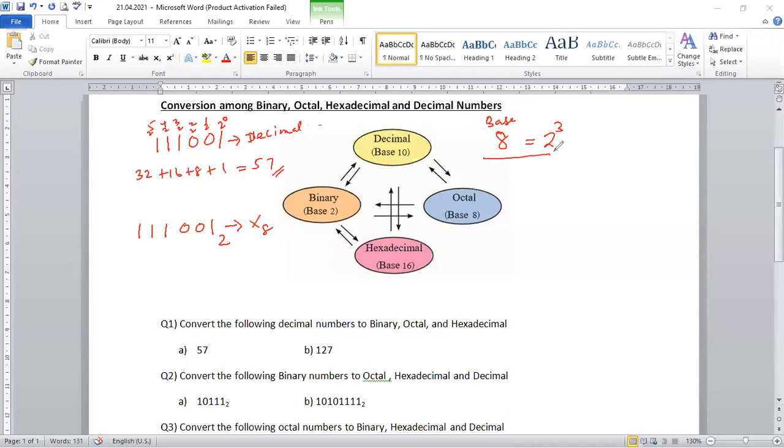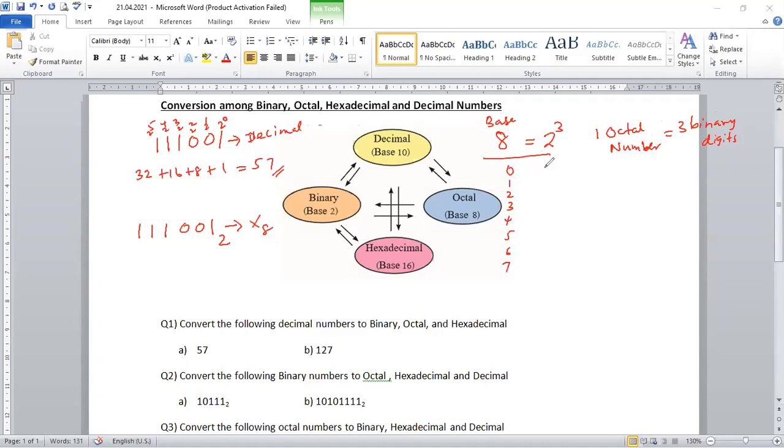With this simple thing, you just understand one octal number is equal to 3 binary digits. One octal number, right? So what are the values in octal? 0, 1, 2, 3, 4, 5, 6, 7. So these are the values.